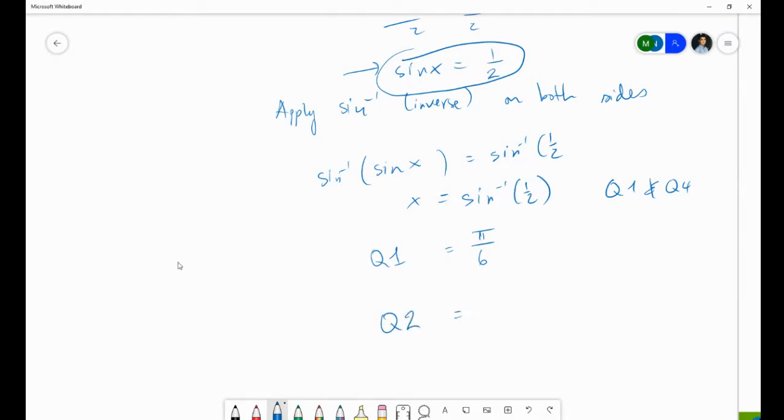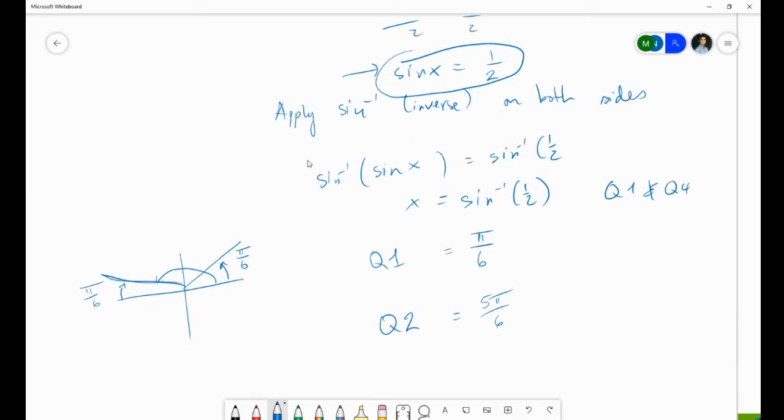So you will ask yourself, well, if in quadrant 1 this is pi over 6, what is the other angle that has a reference angle of pi over 6? And that's 5 pi over 6. Okay, so here we have two solutions for the equation sine x equals 1/2.